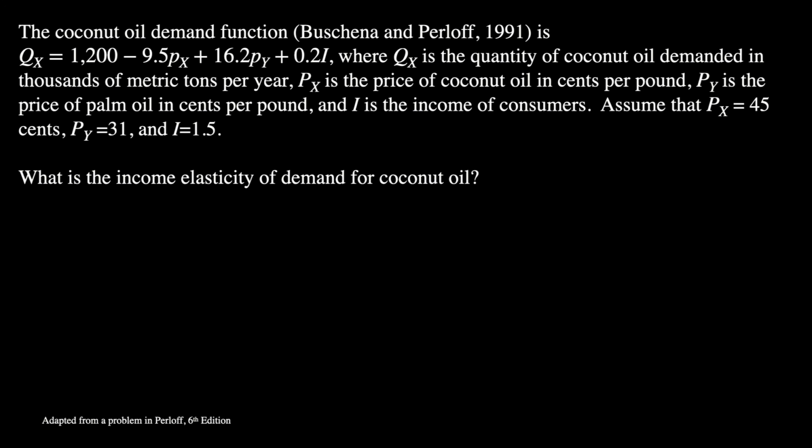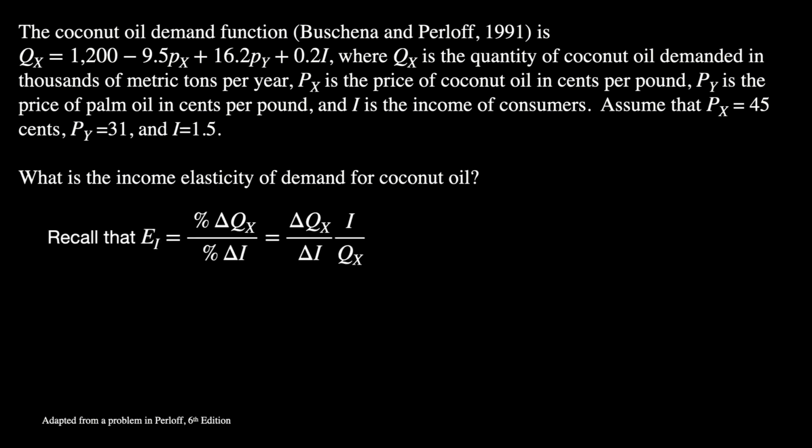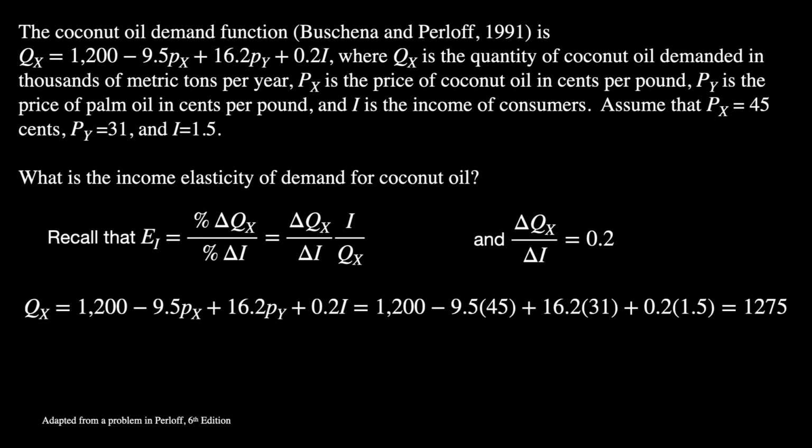We can follow a similar pattern to solve for the income elasticity of demand or the price elasticity of demand. Let's solve for the income elasticity of demand here. Recall that the income elasticity of demand equation is given by this. Here the slope coefficient on income is 0.2. Once again, plugging in the values for income and price into the demand equation, we get a quantity of 1,275 metric tons of coconut oil.